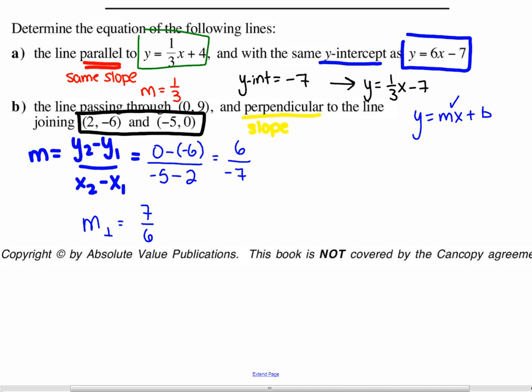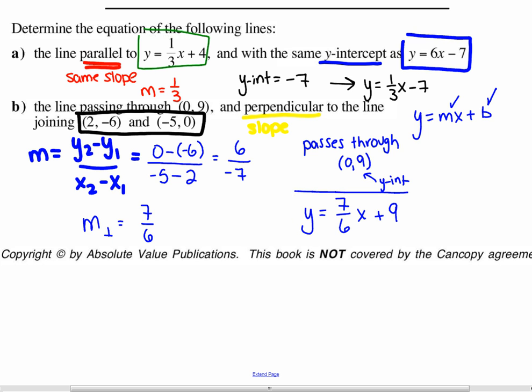Do they tell me the y-intercept? Yes, why? It passes through (0, 9). And we know that this is the y-intercept because x is 0. So do we know our b value? Yes. So our equation is y = 7/6 x plus 9. Okay. There's our answer.